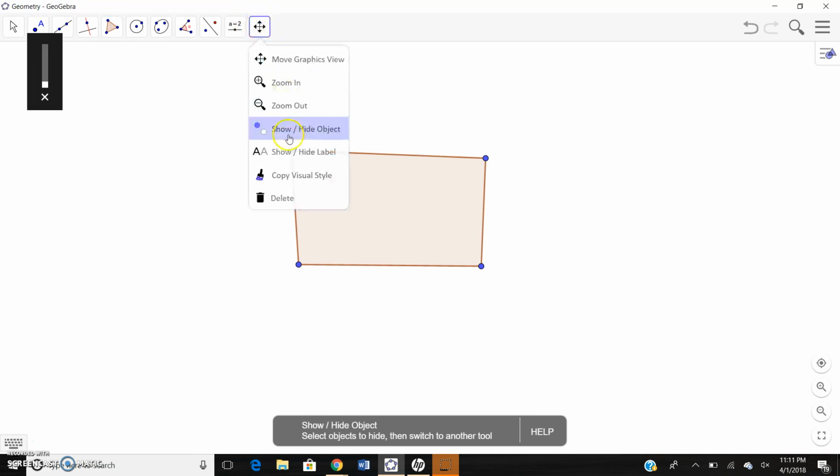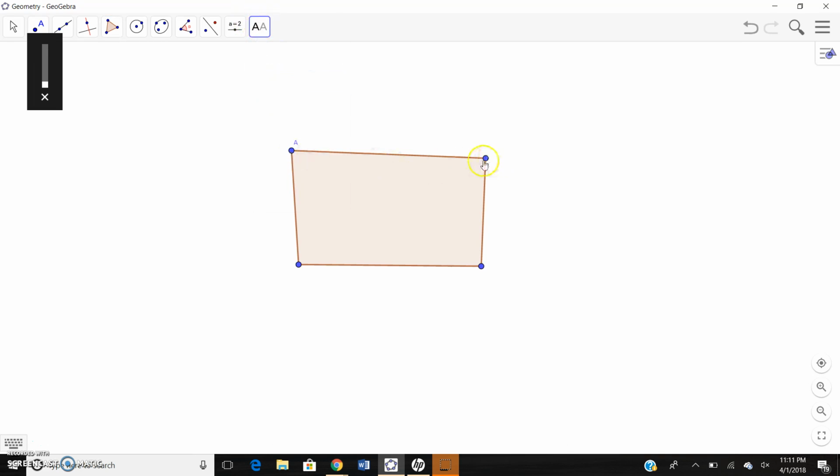And we are going to label its vertices A, B, C, and D. So you can make a rectangle, you could make a square, you could make an irregular quadrilateral. It does not matter.